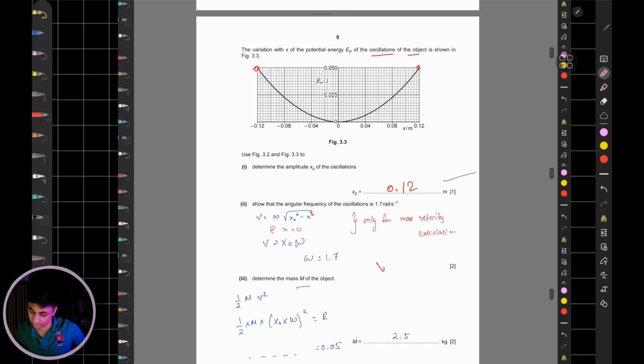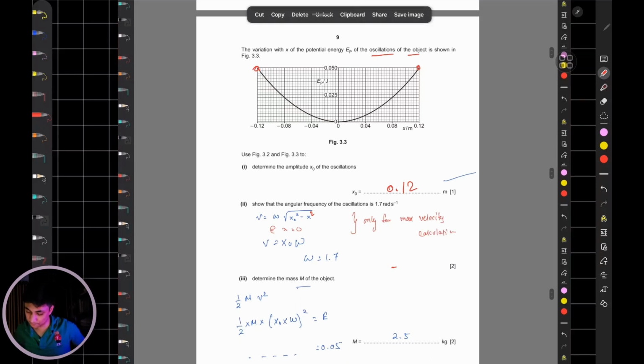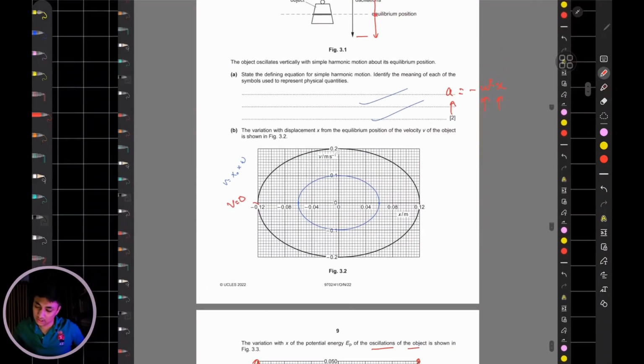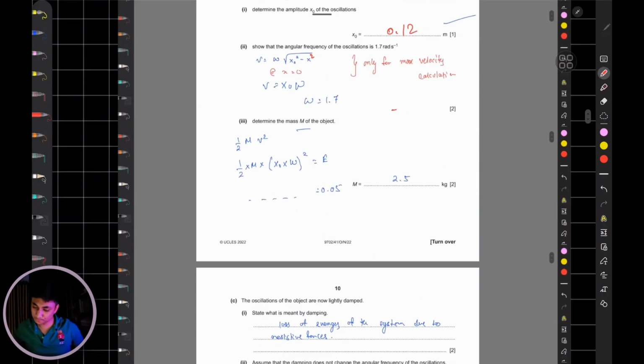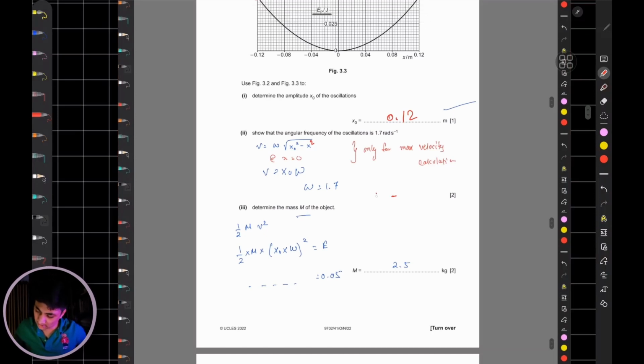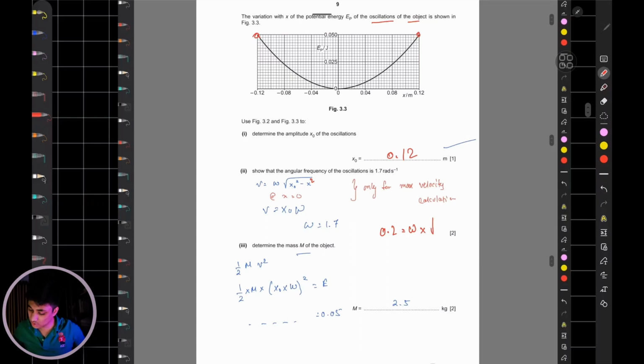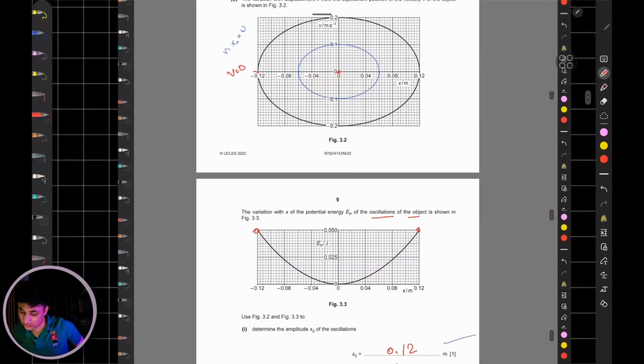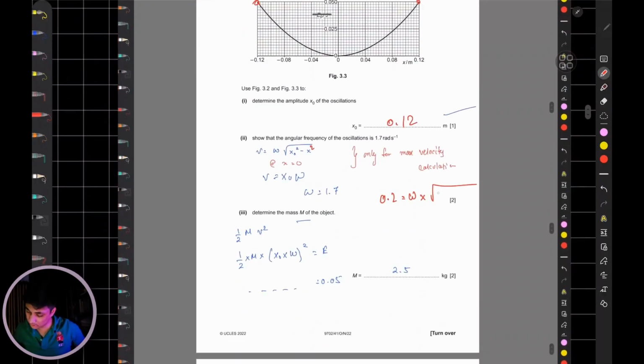How? So let's say you want to find out, you know the velocity. Where do you know the velocity? Let's say at this position, when your displacement is 0, I know the velocity to be 0.2 meter per second, right? So let's work with that. V, I know, is 0.2 when omega is always constant. So I'm going to find omega times root over x naught square, which I know to be 0.12 meters. 0.12 square minus 0 square.